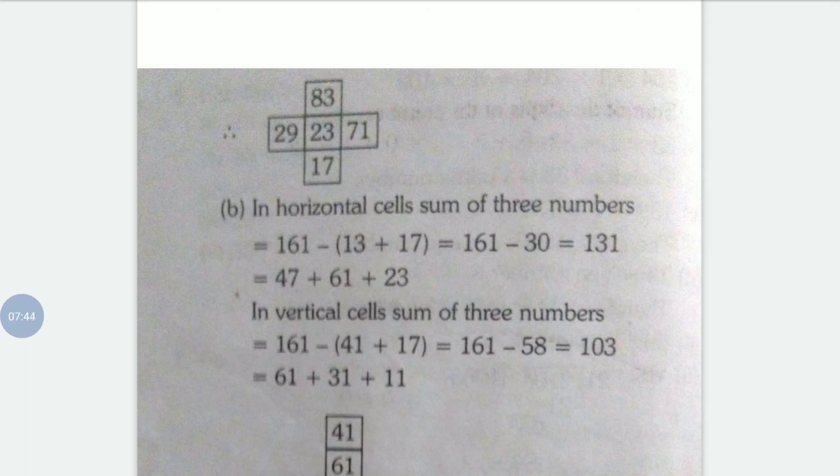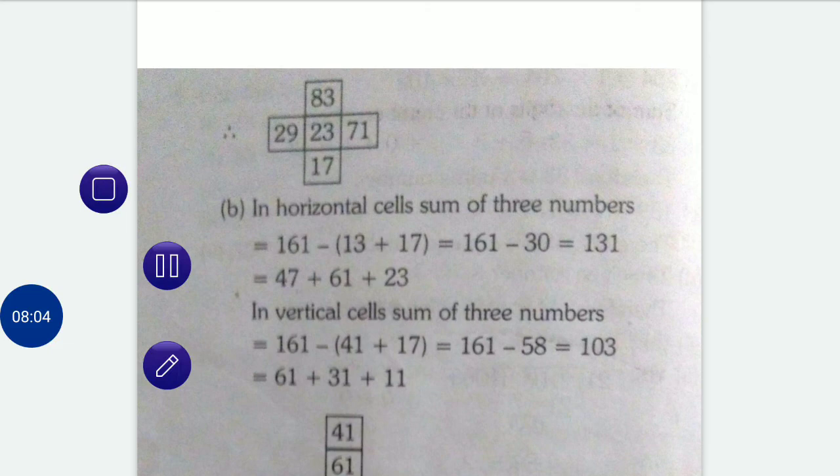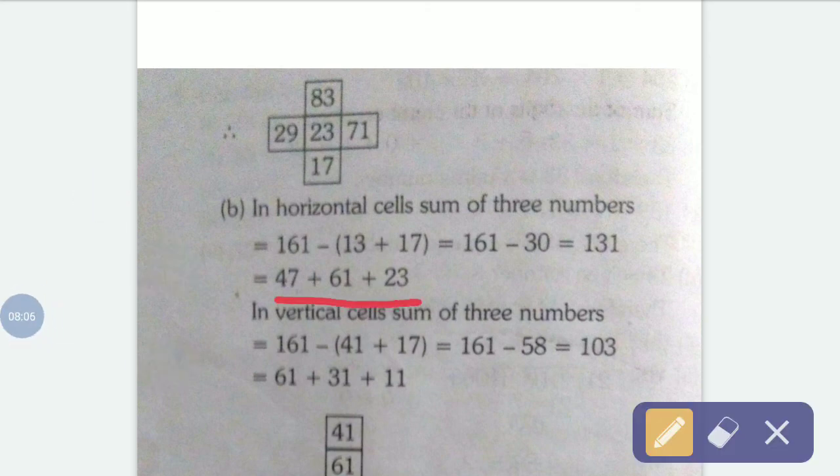So 13 plus 17 is 30, and if you do the subtraction, 161 minus 30, you have 131, and you have to find three numbers which are prime also. Its combination will be 47, 61 and 23. Then we will find it vertically.